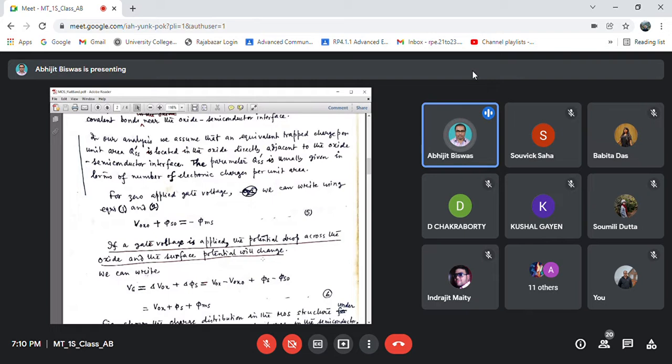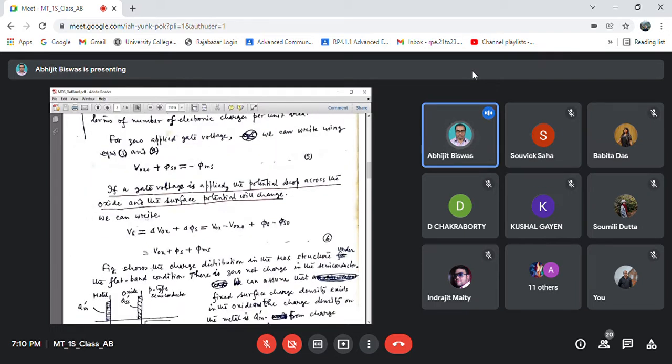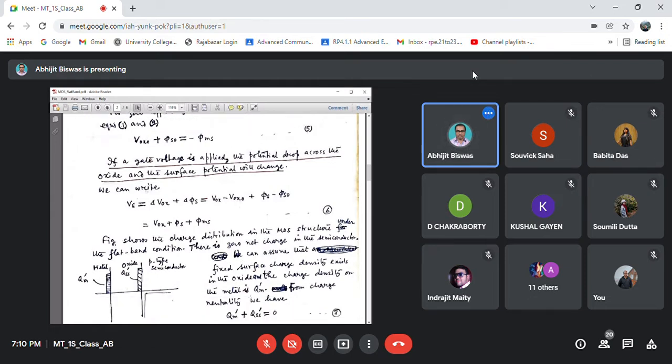If we apply some amount of gate voltage Vg, that will be distributed to develop voltages across the oxide, then the surface potential, and the metal semiconductor work function difference. This equation I have already discussed in my last class. So Vg, you must remember, is equal to Vox, the voltage drop across the oxide, plus phi s, the surface potential, plus phi ms, the metal semiconductor work function difference.